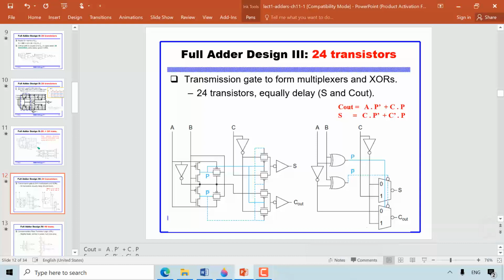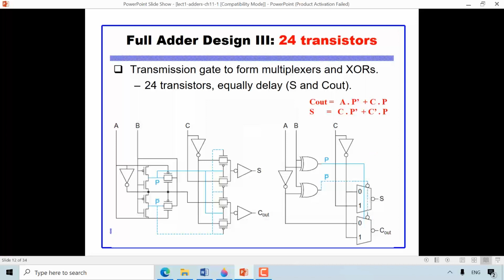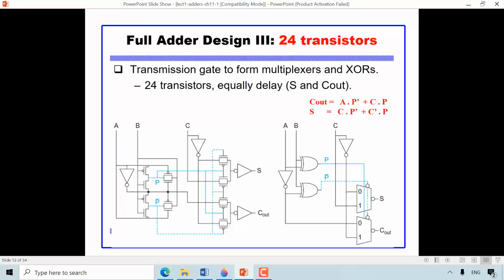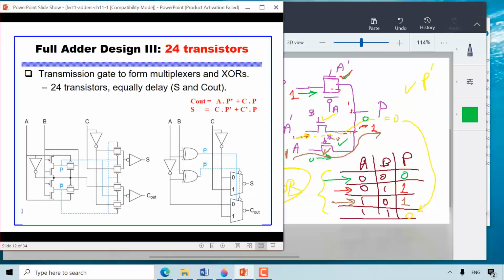So now it is clear to you how we are generating these P, and, oops, sorry, let's see if we can get this straightened out. Okay.